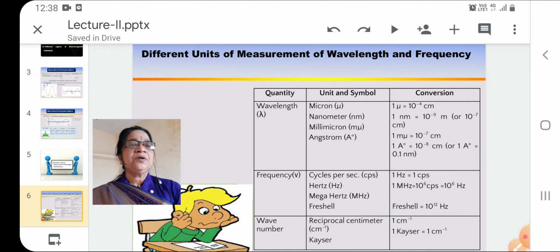And 1 angstrom is equal to 0.1 nanometer. This is the conversion, and we can use any one of these units for the wavelength.